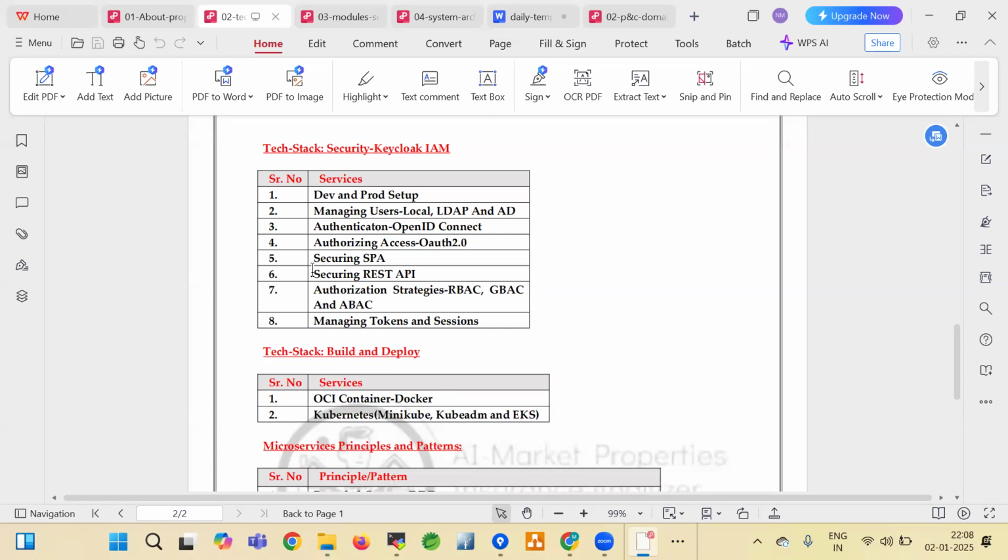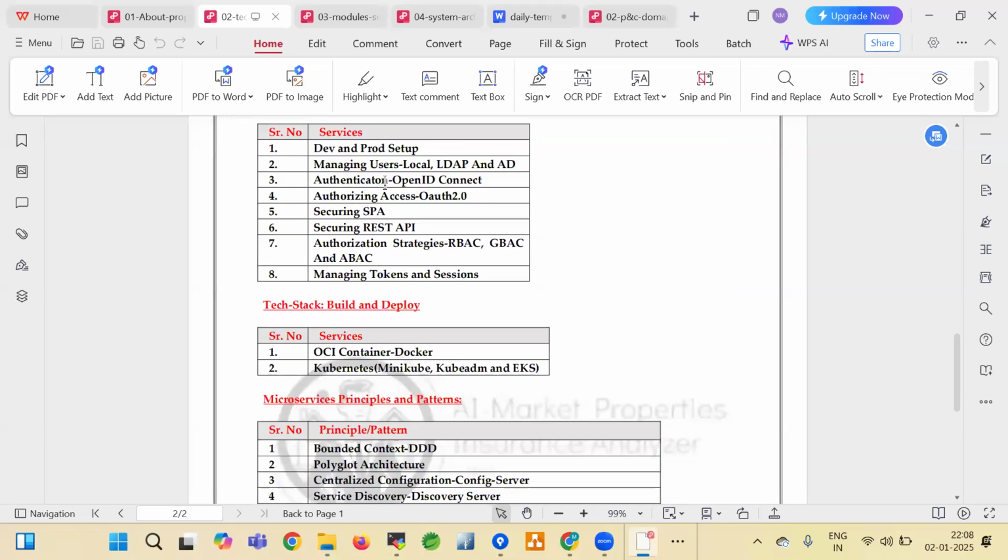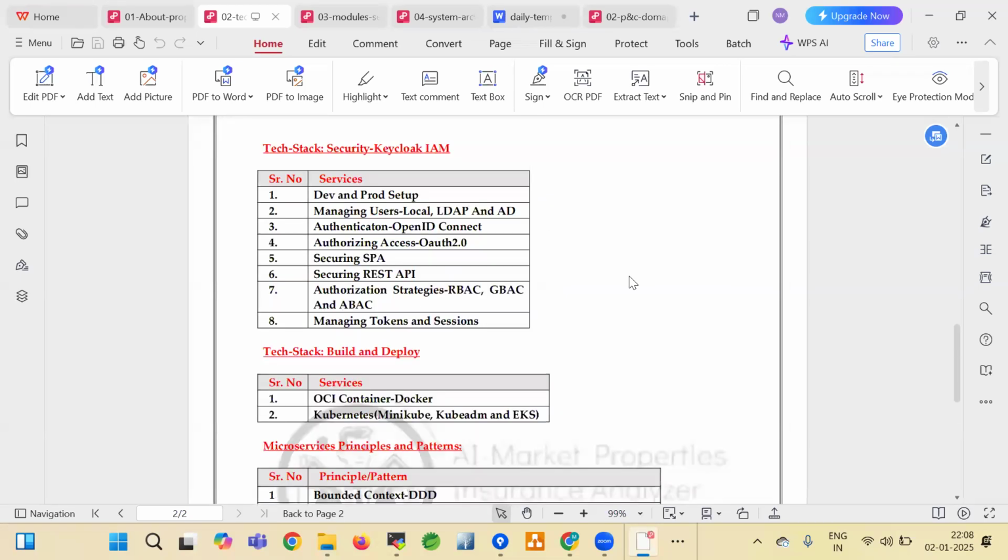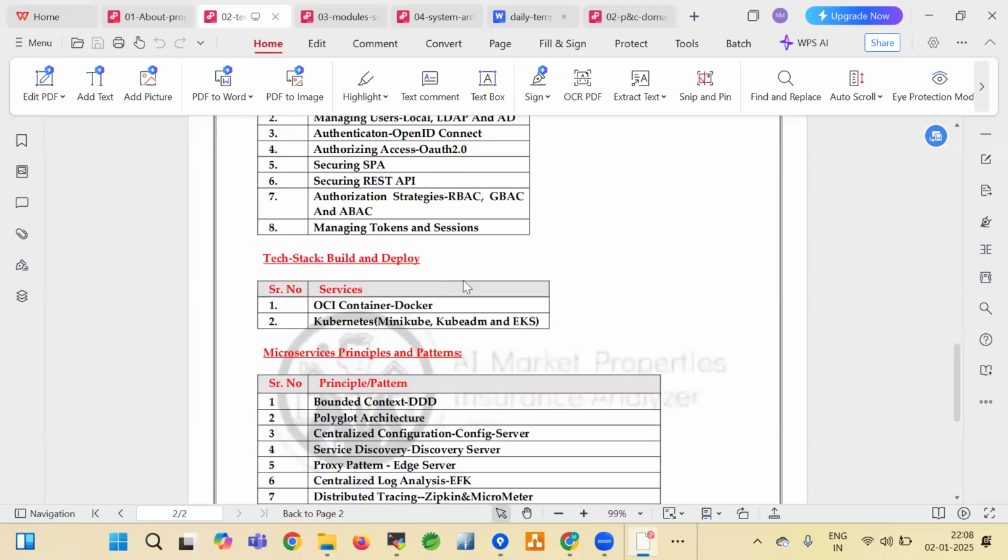And of course, we're going to secure our REST APIs for sure using JWT, I mean to say OAuth2 and the OpenID protocol, and then we're going to protect our REST APIs. And also we're going to secure our single page application, that is our UI, the React.js application. We're going to use protocols like OpenID Connect and OAuth 2.0. Then this is about the security.